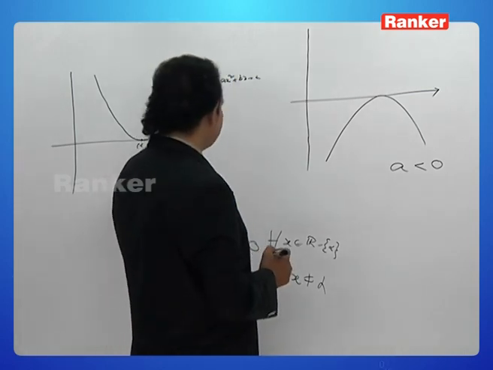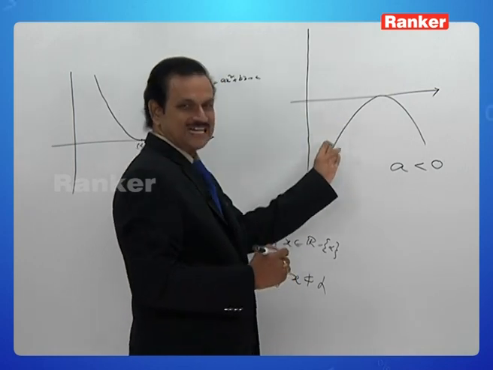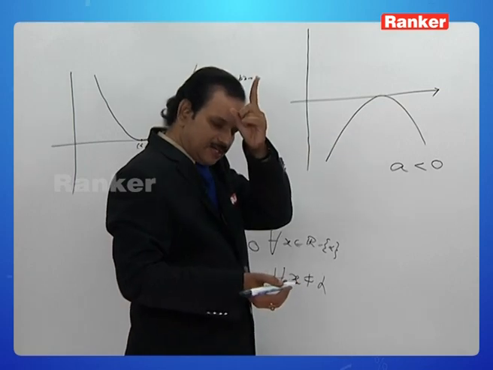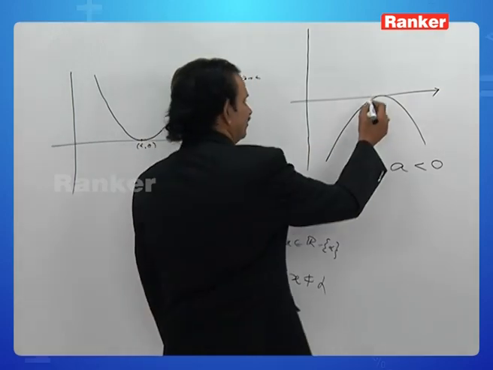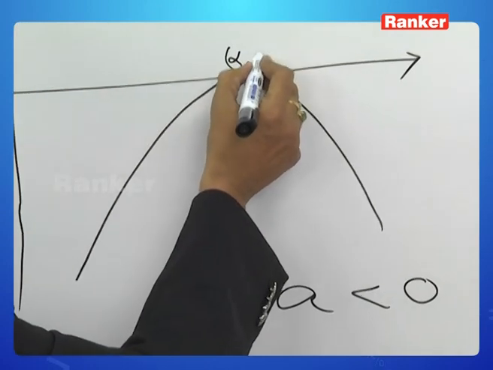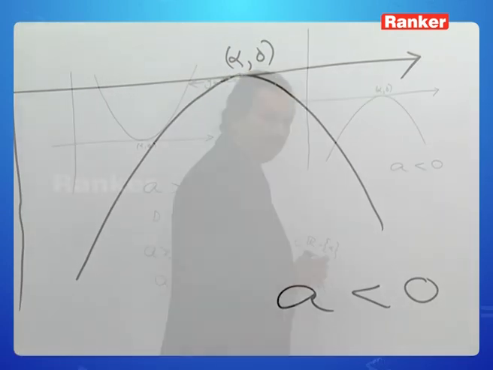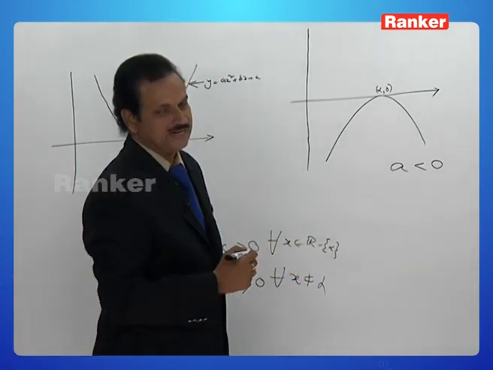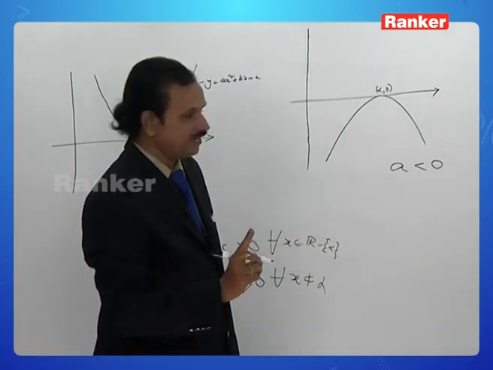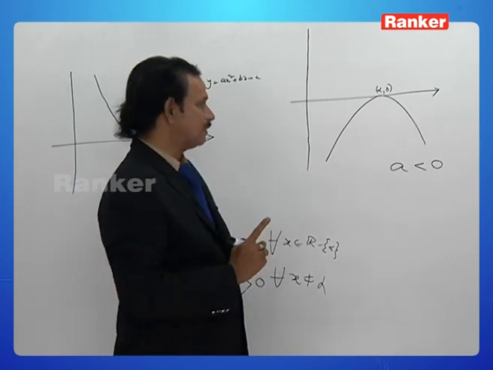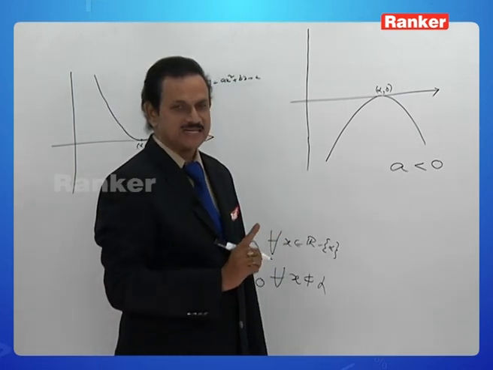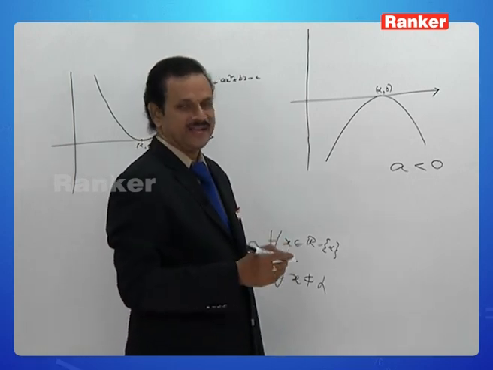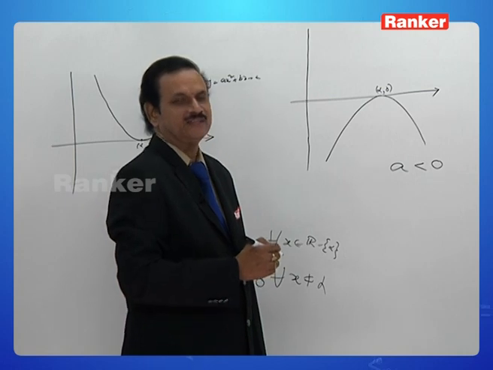As before in this case, here also the curve cuts x-axis, rather meets x-axis at exactly one point. Let it be, say, alpha as before. Let us name the same alpha. So here also the graph meets x-axis at one point only. Therefore, if you put ax square plus bx plus c is equal to 0, practically you are going to get only one numeral, and we express that idea in this way.